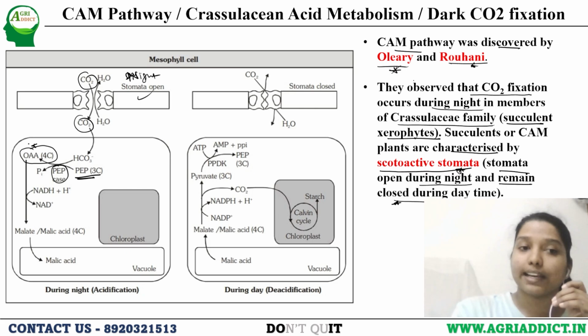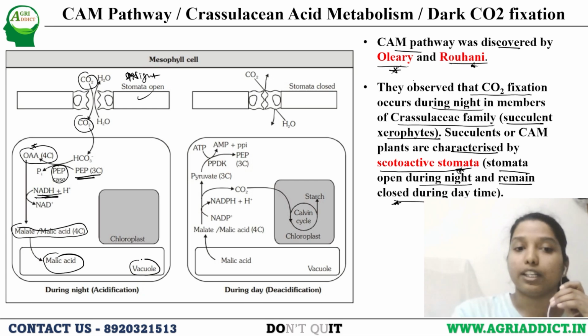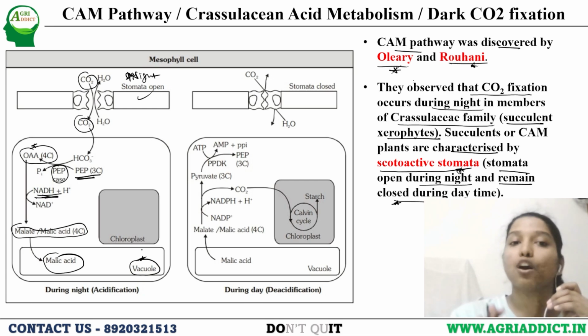This oxaloacetic acid is converted into malate or malic acid by using one NADPH2 molecule. Okay, this malic acid is getting stored in the vacuole of the plant during night time. So this is what is happening in night. Stomata is getting open, CO2 is coming, it is getting fixed with the help of phosphoenol pyruvate, in presence of phosphoenol pyruvate carboxylase enzyme.